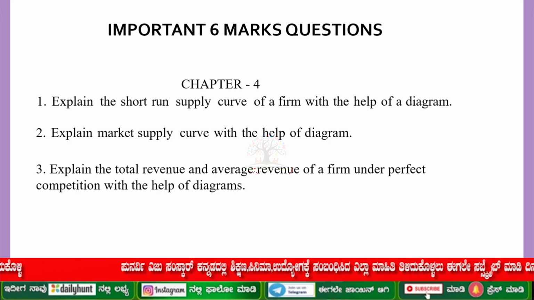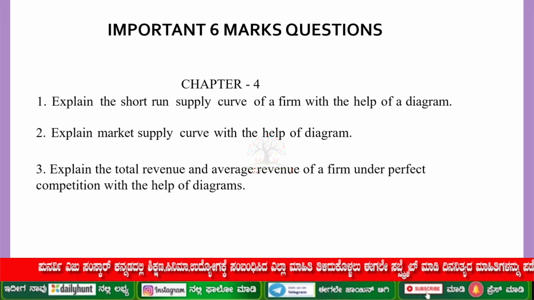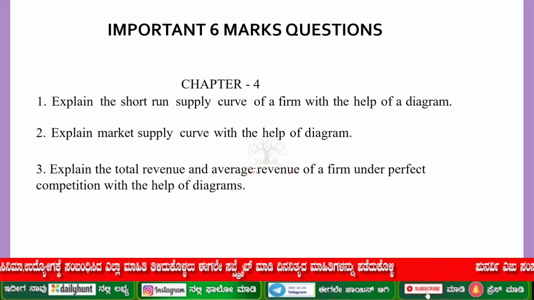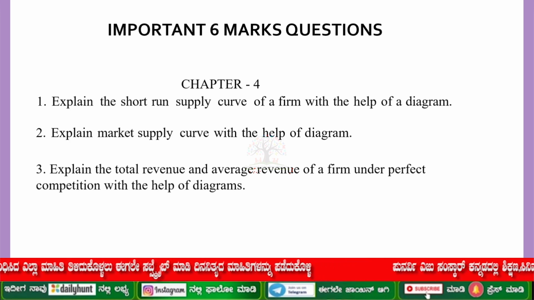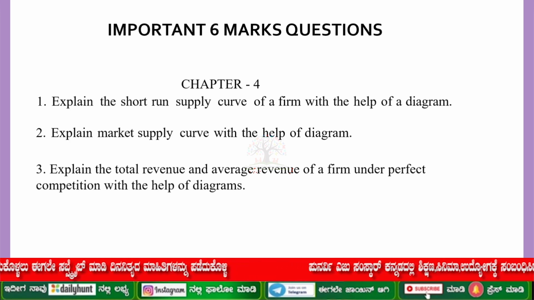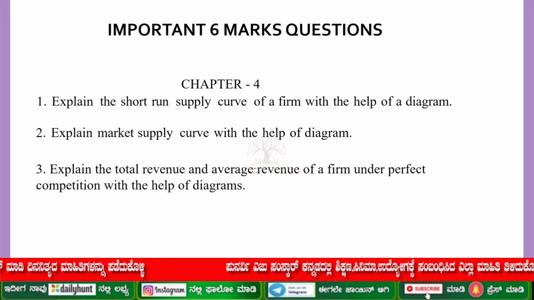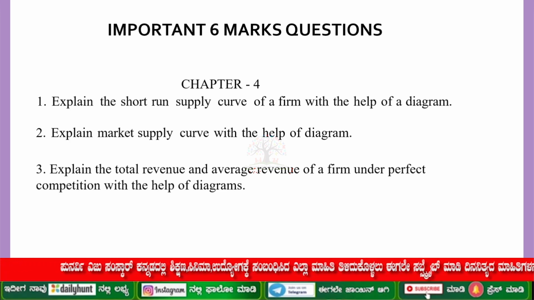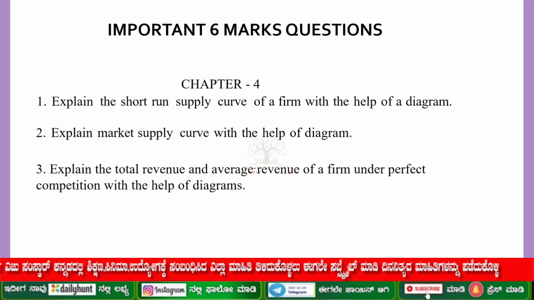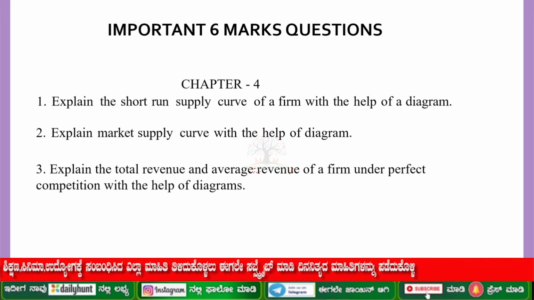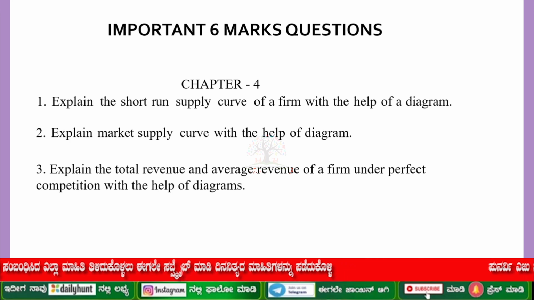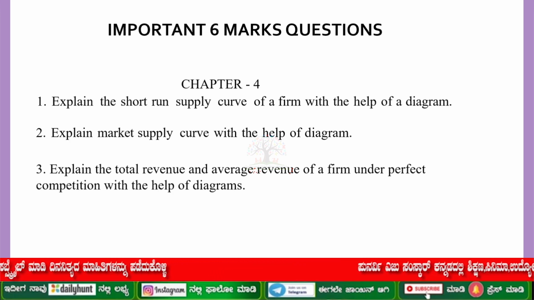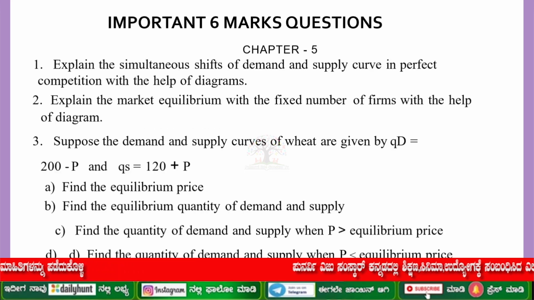From this chapter, that is the theory of firms under perfect competition: explain the short-run supply curve of a firm with the help of a diagram; explain the market supply curve with the help of a diagram; explain total revenue and average revenue of a firm under perfect competition with the help of diagrams. Out of these 3 questions, you can expect one for 6 marks.